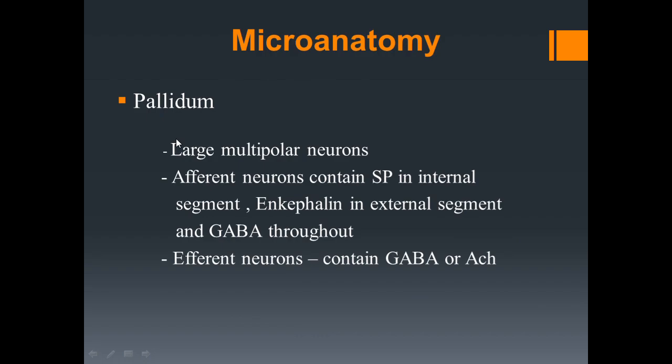While pallidostriatum or pallidum consists of large multipolar neurons, the afferent neurons contain substance P in the internal segment, enkephalin in the external segment, and GABA throughout the globus pallidus, and the efferent neurons contain GABA or acetylcholine as neurotransmitters.